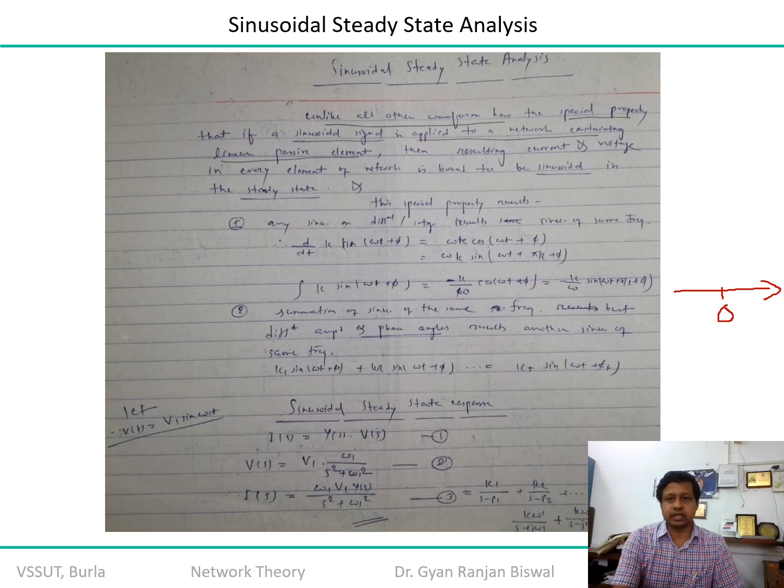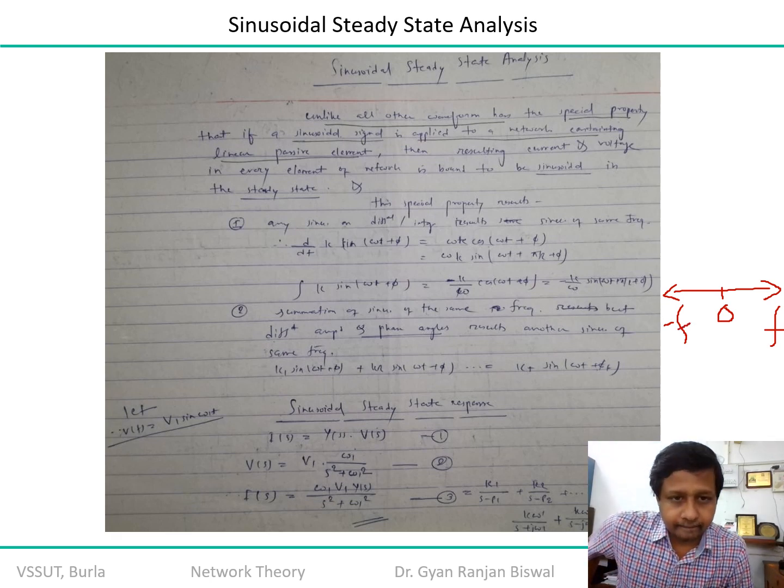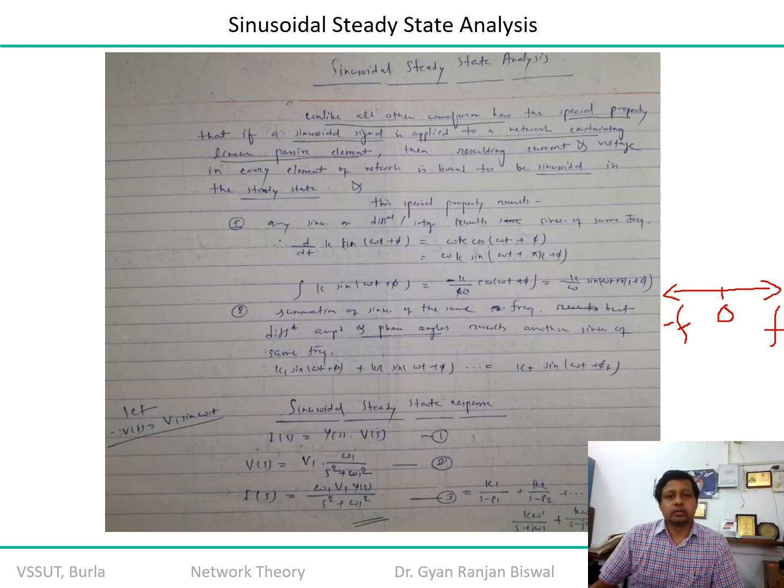On this side I am writing either omega or f, so let's say f in hertz, and on the other side I am going to represent minus f. So it is the positive and negative x-axis on the frequency plane. Obviously here we talk about the Laplacian domain because we stick to our network domain and network analysis.